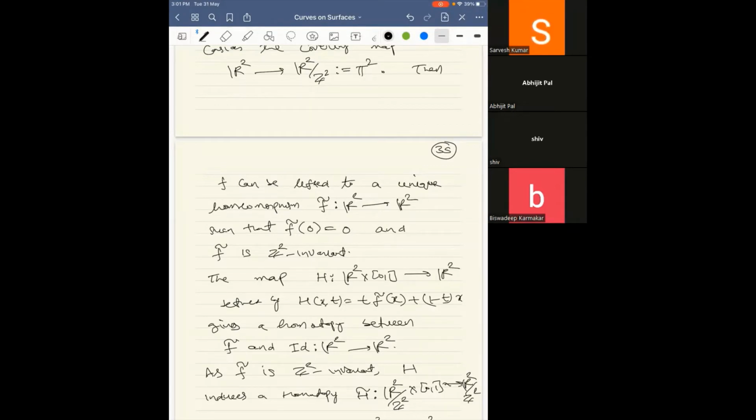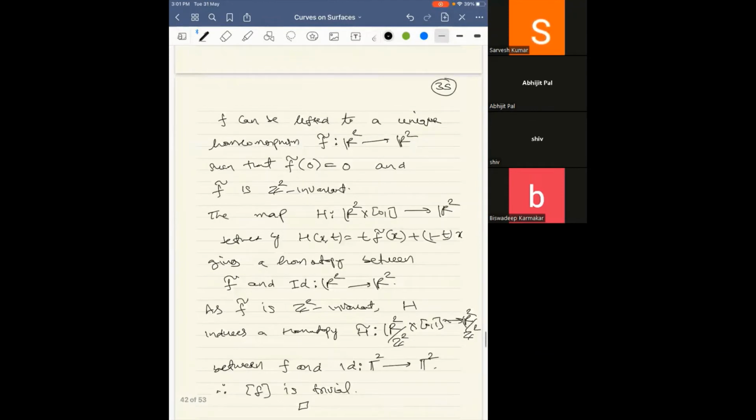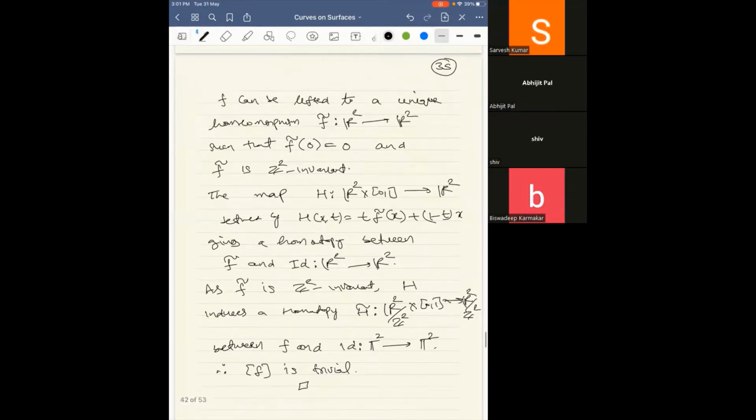So this is a homotopy between F tilde and the identity map. As F tilde is Z^2 invariant, it will induce a homotopy, let's call it H tilde, from R^2 mod Z^2 cross [0,1] to R^2 mod Z^2, between F and identity.